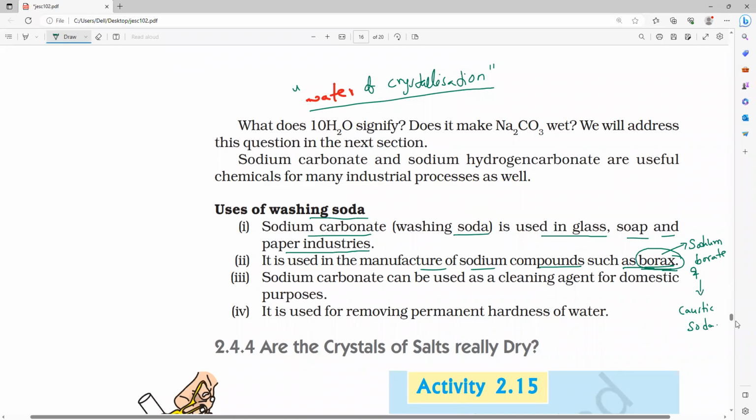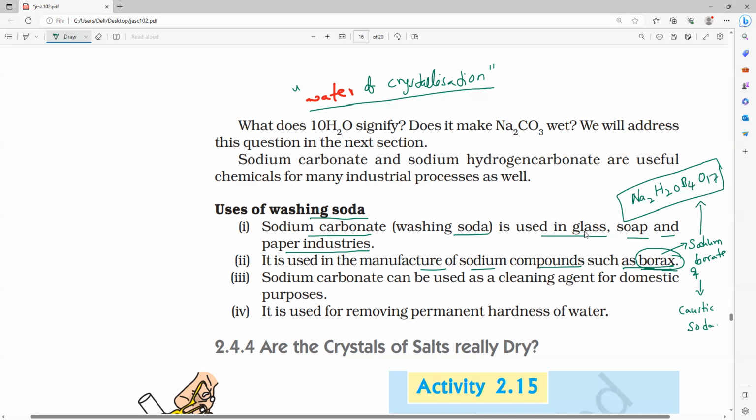So it is used in the manufacturing of borax and caustic soda. Clear, everyone? So it is sodium borate. If you want, you can write the formula also: Na2B4O7·10H2O. So this is borax.